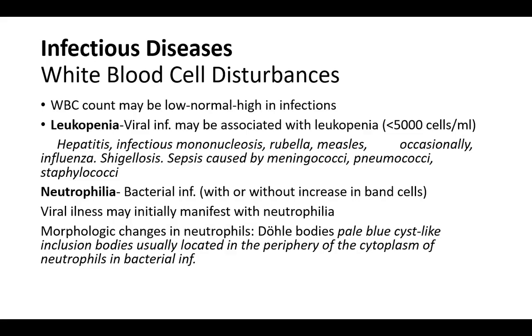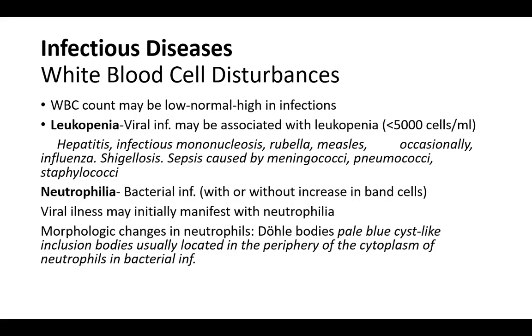Coming to white blood cell disorders, you may have leukopenia or leukocytosis in viral and in bacterial infections. Usually viral infections are associated with leukopenia. These are the most common infections associated with neutropenia.